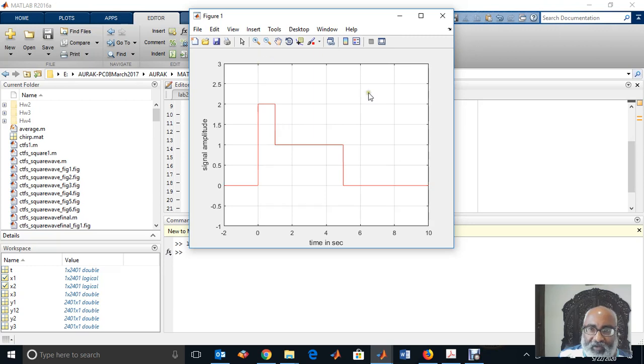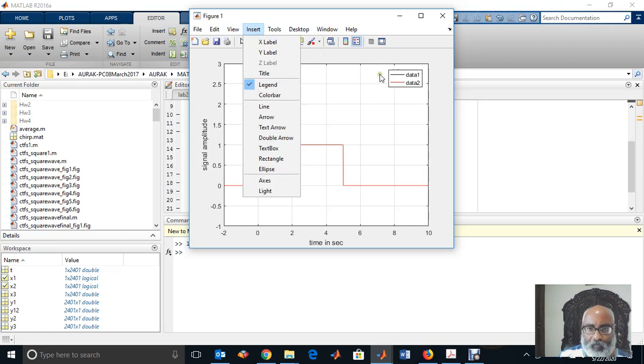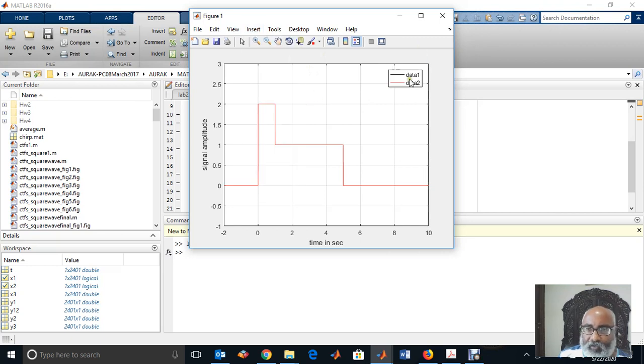So the black and the red are on top of each other. Yeah, it comes now. I have two data sets, one black, one red. So you cannot see the black because it's exactly the same. That means the black is y12 and the red is y3. They are the same. So that means the system is linear.